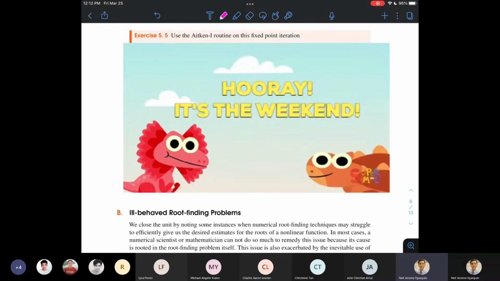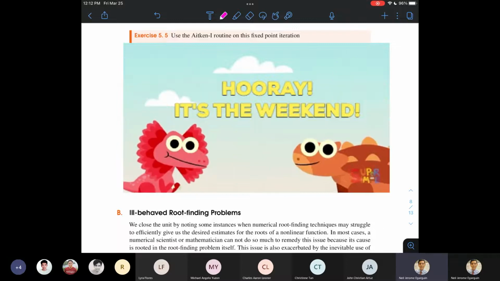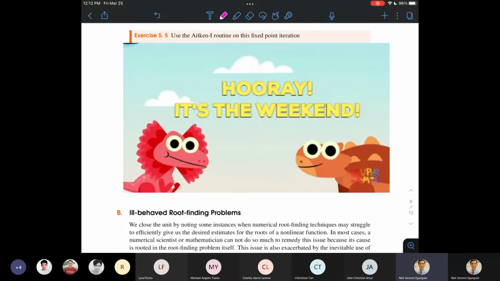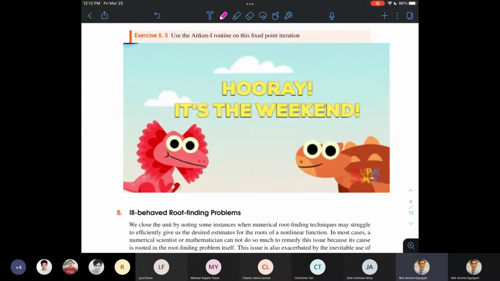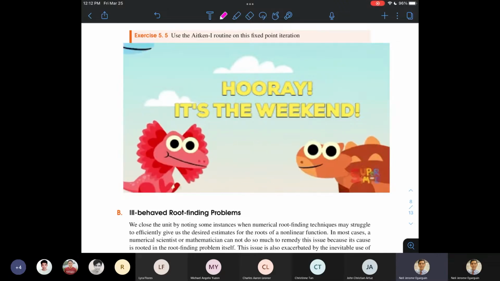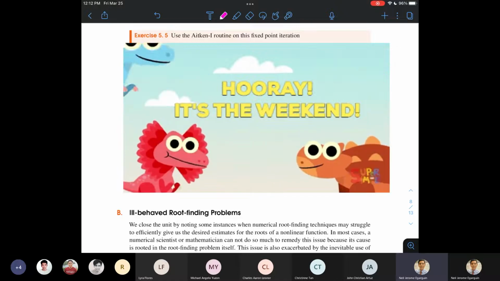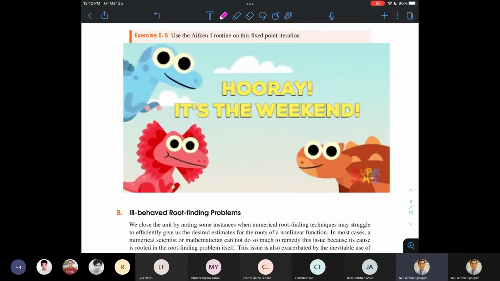Ang naging reklamo natin sa kanila, napakasimple ng implementation, napakasimple ng theoretical foundation, ay napakabagal naman ng kanilang convergence, right? So that's one thing that numerical analysts, numerical scientists, o mga applied mathematicians, mathematicians in general strive for, finding ways on how to improve methods.